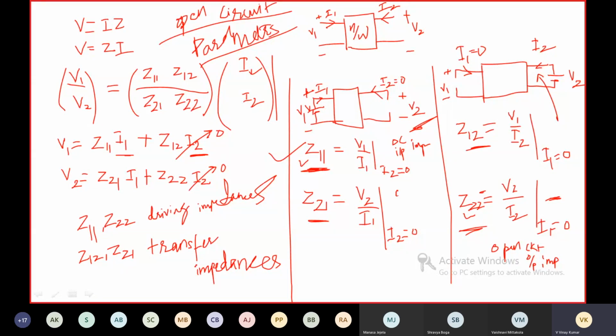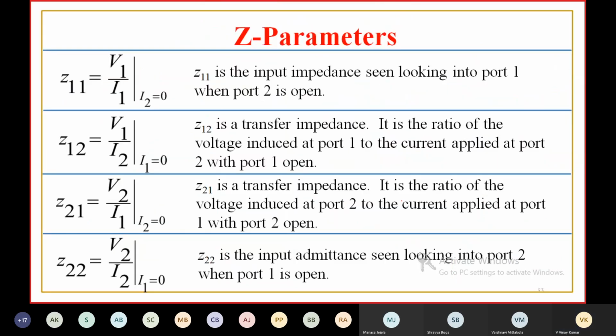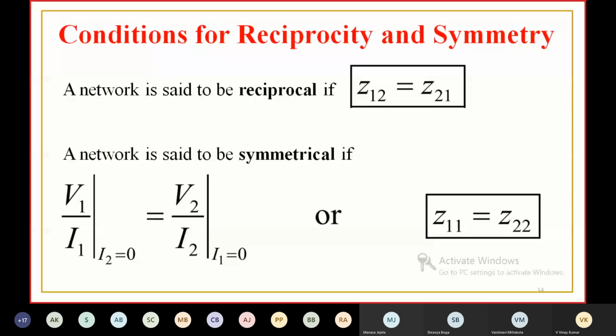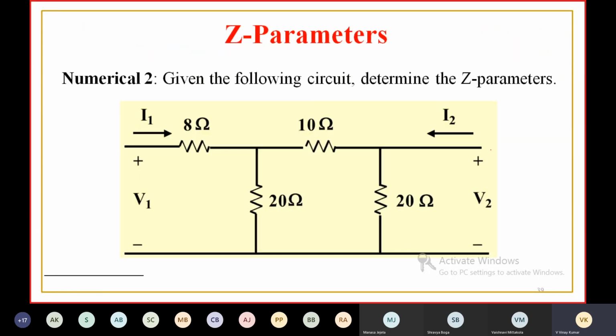Z21 is called open circuit transfer impedance. Z12 is also called open circuit transfer impedance. The network is said to be reciprocal when Z12 is equal to Z21. The network is said to be symmetrical when Z11 is equal to Z22.